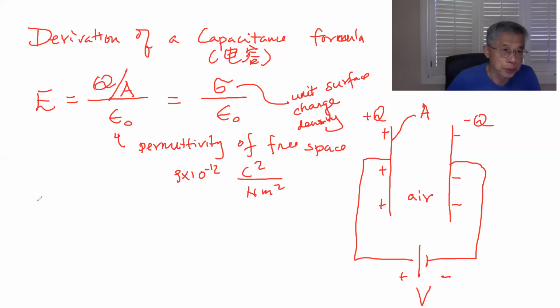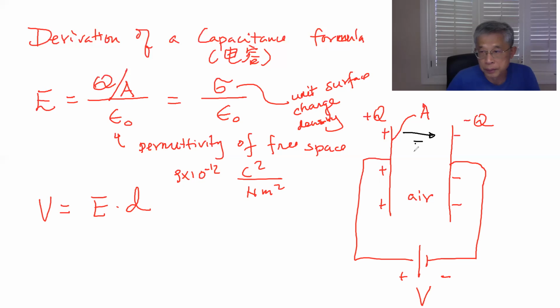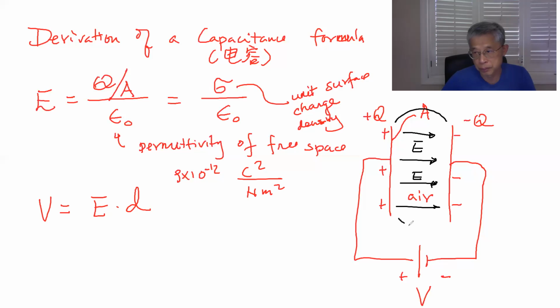So remember the V, and the V is equal to E times D. So we know this is V, and the electric field that's between these two parallel plates is E. And it's constant. But around the edge will be a little different according to the scientists.